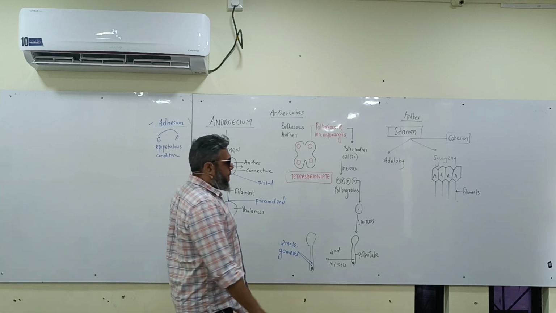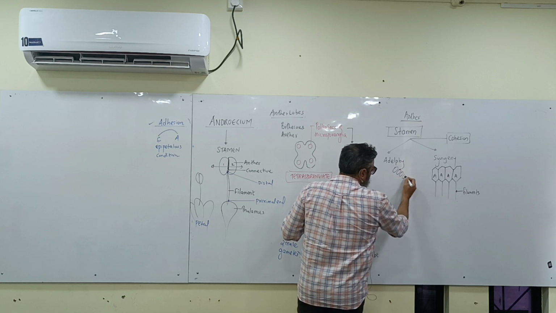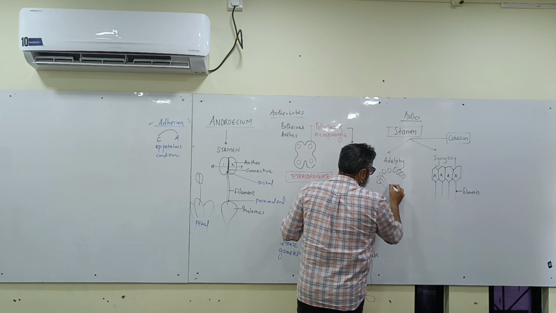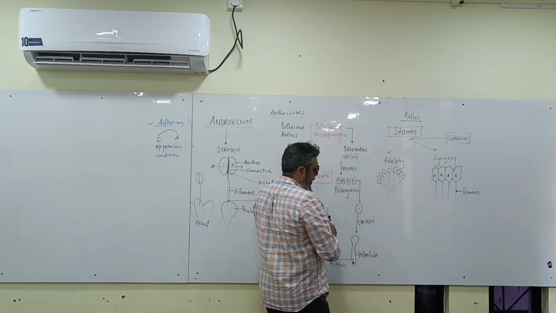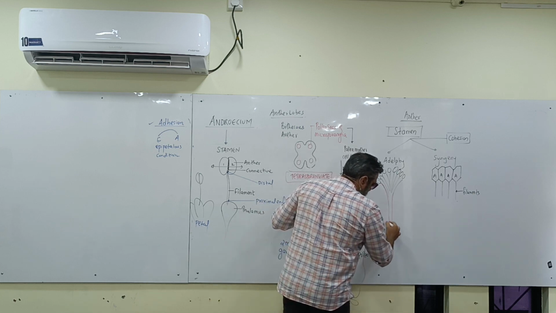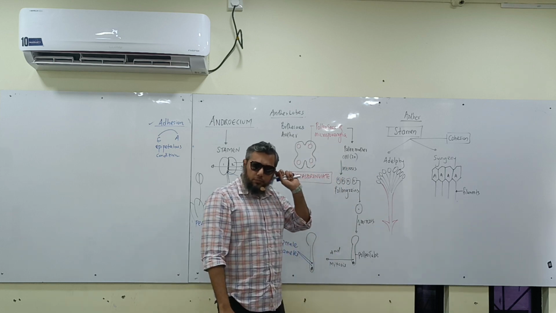In the case of Adelphi, the anthers are free, but all the filaments, they fuse, and the fusion of the filaments results in the formation of a single tube.